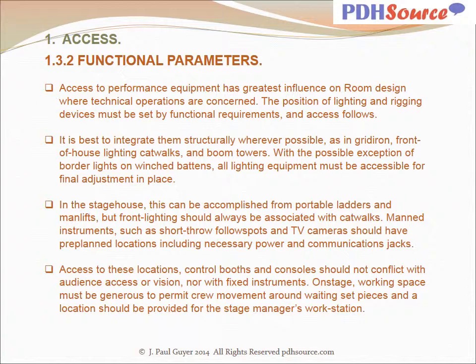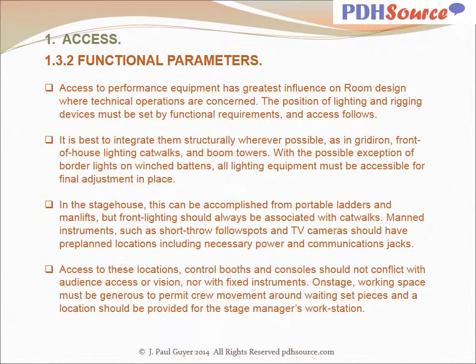Manned instruments such as short throw follow spots and TV cameras should have pre-planned locations including necessary power and communications jacks. Access to these locations, control booths and consoles, should not conflict with audience access or vision, nor with fixed instruments.